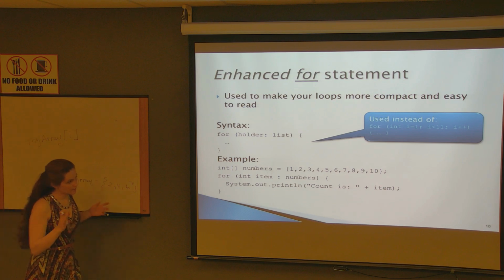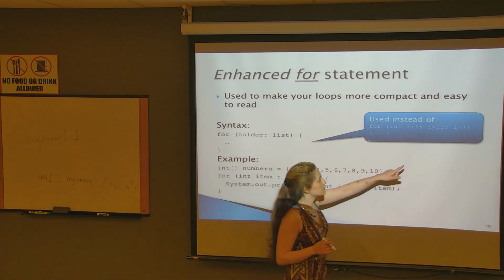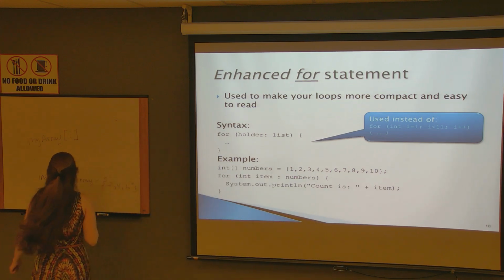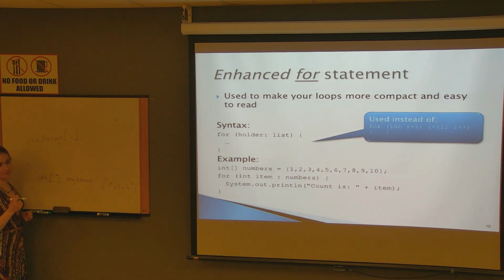Now, next question. Does it always have to be plus plus? No. What if I want to increment by 2? How would I do that? Think about it. We can't just do plus 2. We also have to save it back into I. So I plus plus is a very special beast.